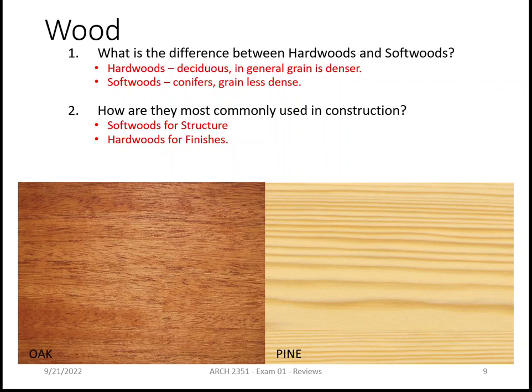As the picture shows, you've got pine over here, which is a softwood, and oak over here, which is a hardwood. Notice the grain and how much finer it is in oak than in pine or fir or any of those softwoods. So the grain is finer.